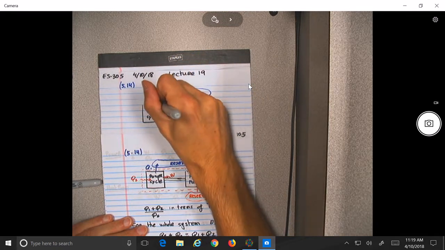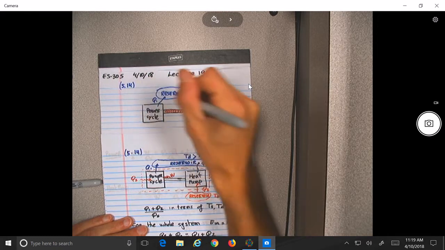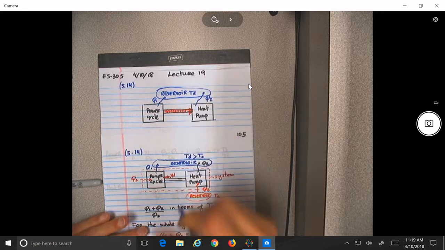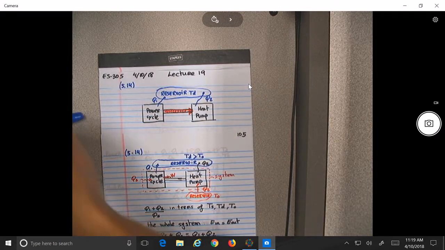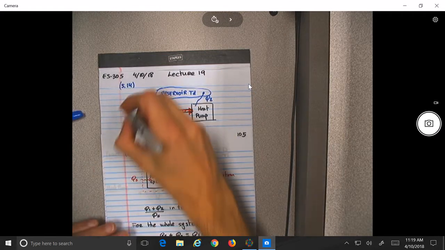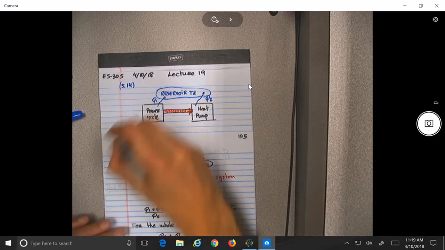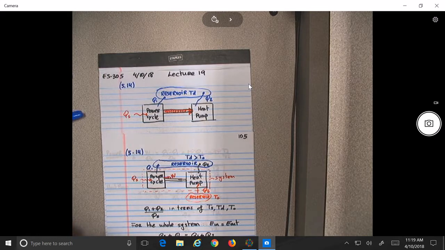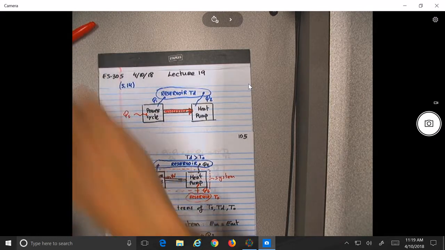Okay, so this one, there is Q1 over here, there is Q2 over here. If this is a QS over here, and then what else we have?